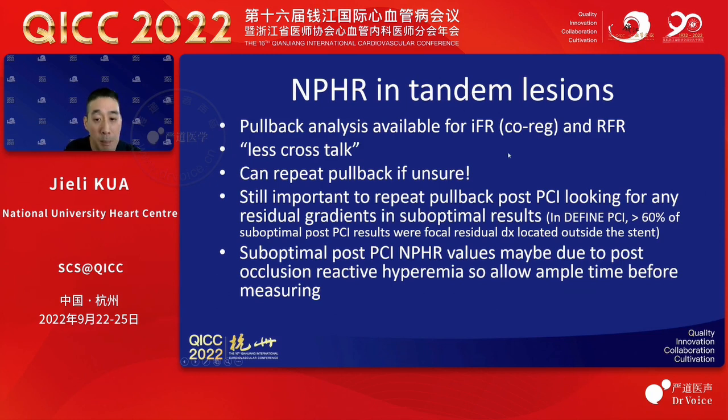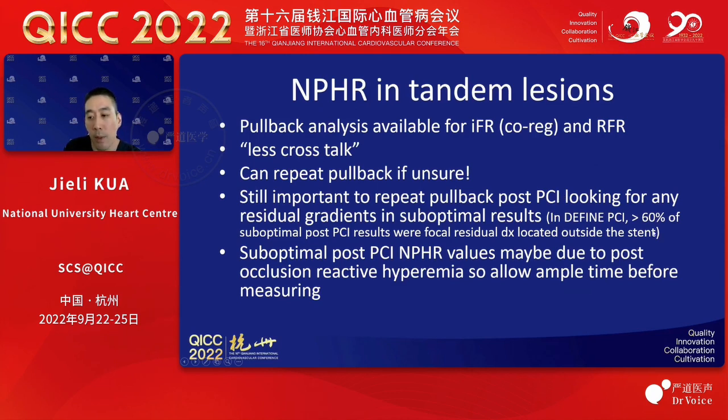It's also important to repeat your pullback after your PCI. You should always look for any residual gradients, especially in suboptimal results. In the DEFINE PCI study, what they found was that in more than 60% of their suboptimal post-PCI results, they still found focal residual disease located outside the stent.